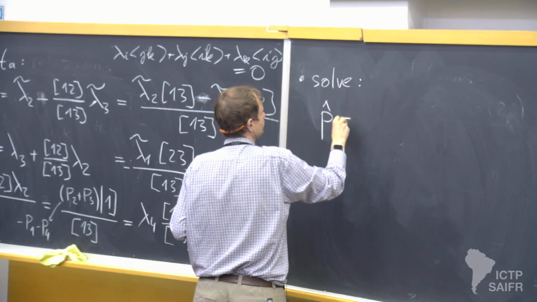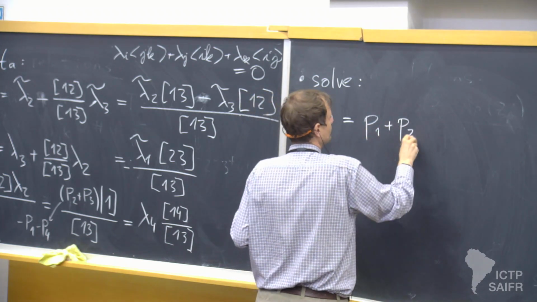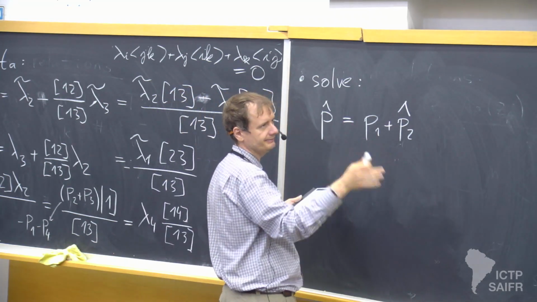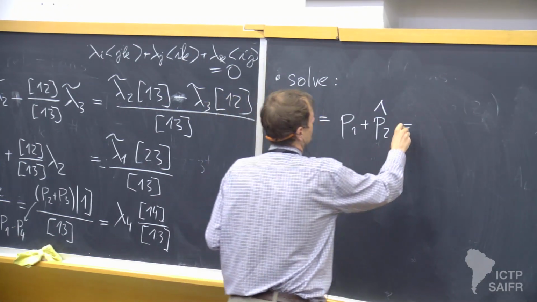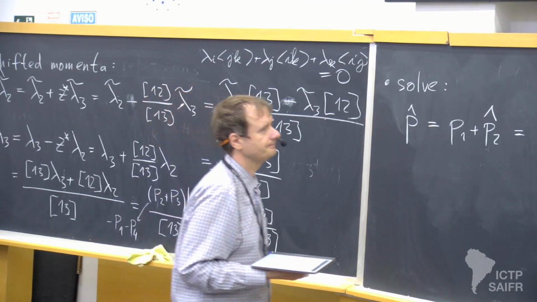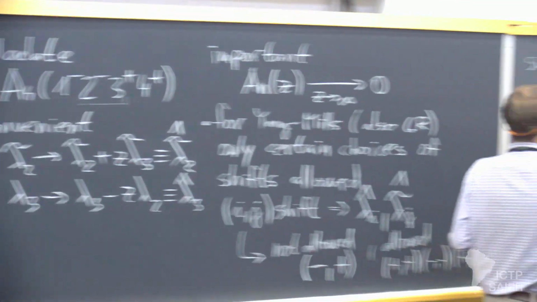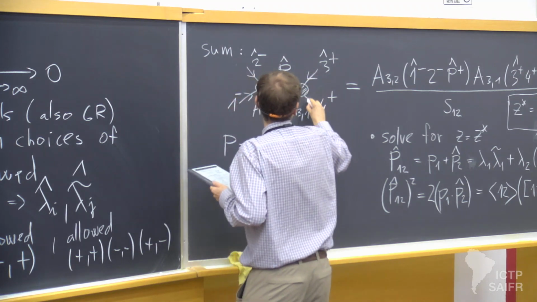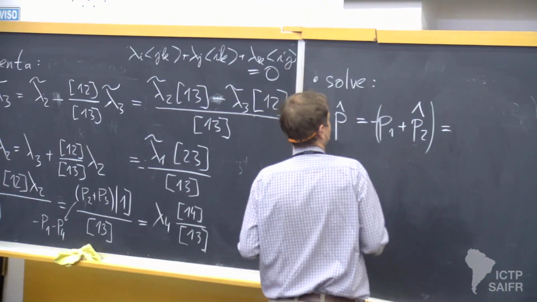So the P hat is P1 plus P2 hat modulo the sign, depending on whether the P flows here or here. These signs are never important in the calculation. At most, they just change the overall sign of the amplitude. So, the way I wrote it, P was pointing here. Okay, just to be slightly precise, we can put a minus sign here.